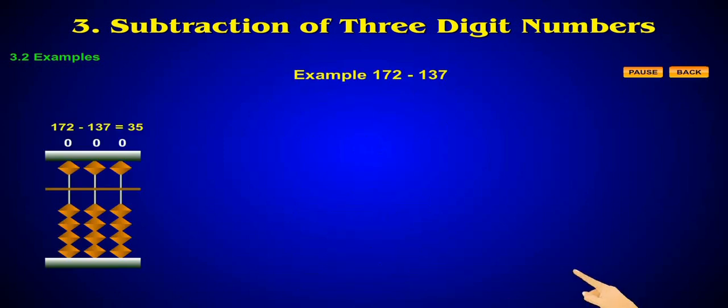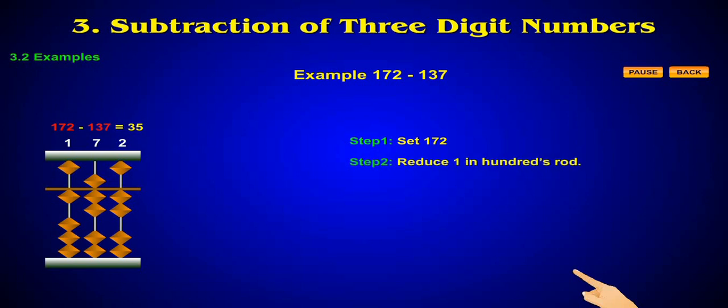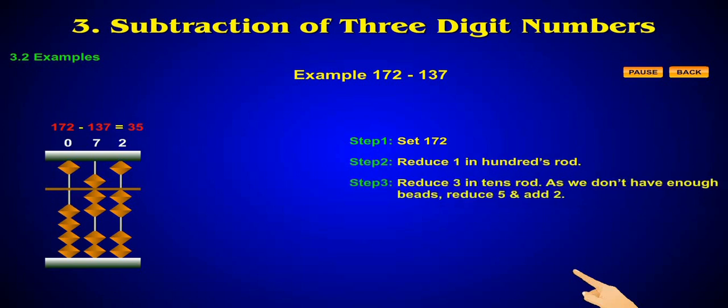Example: 172 minus 137. Step 1. Set 172. Step 2. Reduce 1 in hundreds rod. Step 3. Reduce 3 in tens rod. As we don't have enough beads, reduce 5 and add 2.